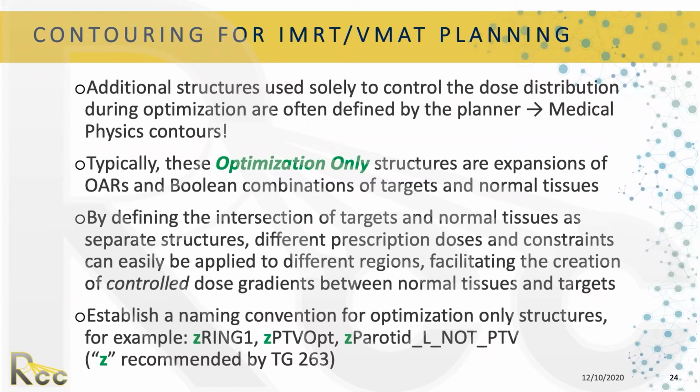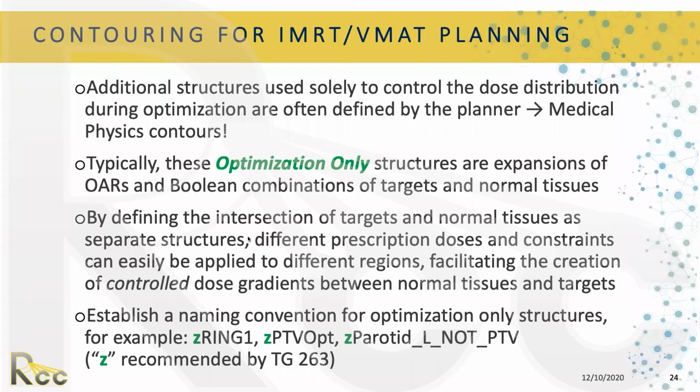These additional structures that we only use for optimization, which we call optimization-only contours, are what the planner will define, and we call them medical physics contours, if you want. Sometimes it can be defining the intersection of targets and normal tissues as separate structures that can help to control the dose gradient between that normal tissue and the target.